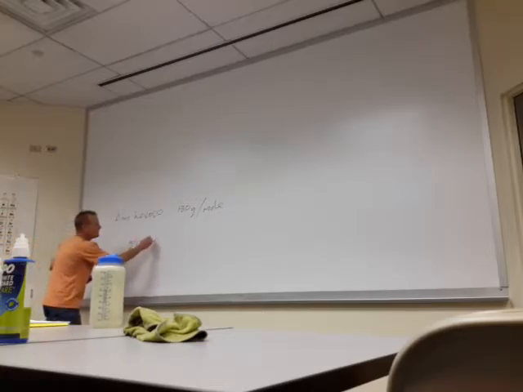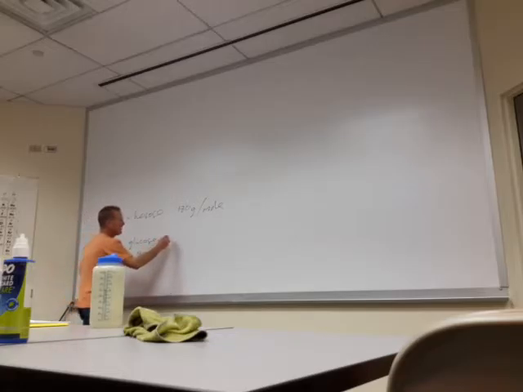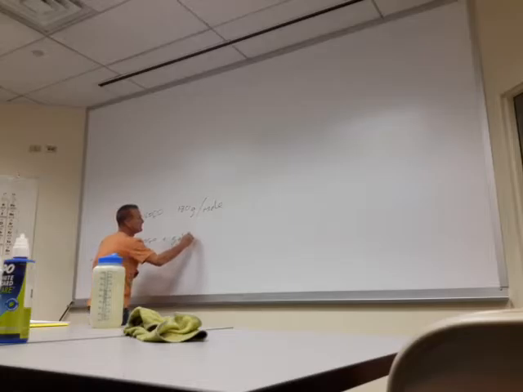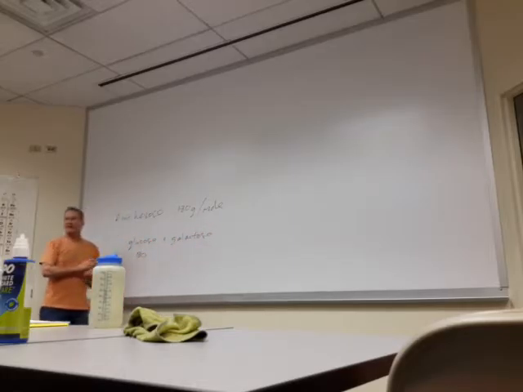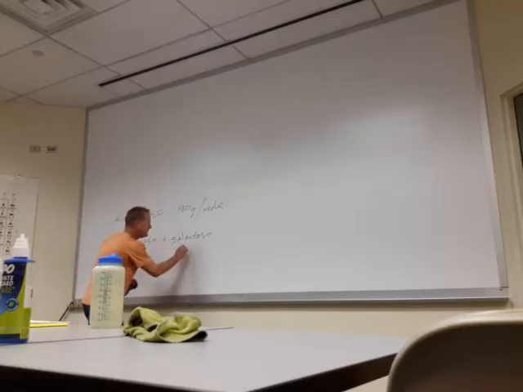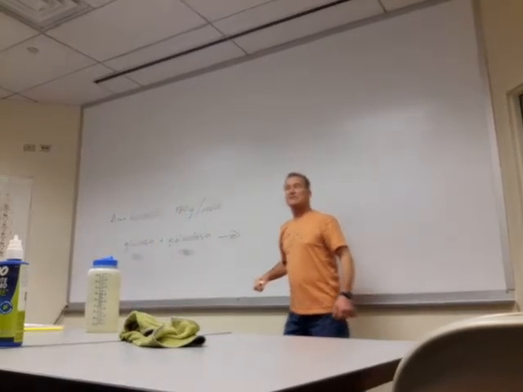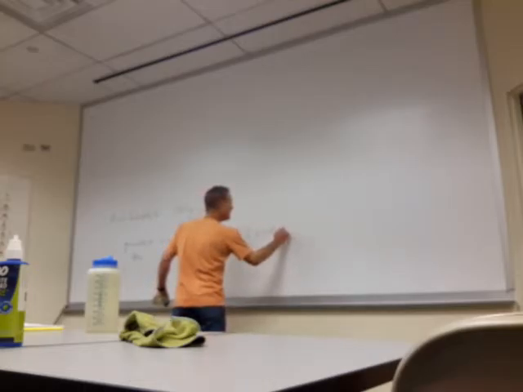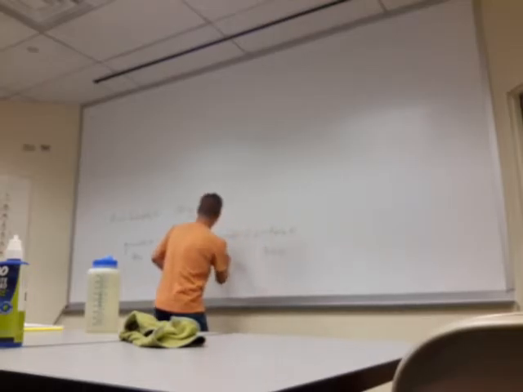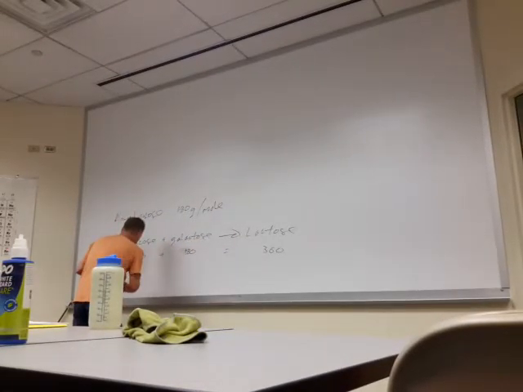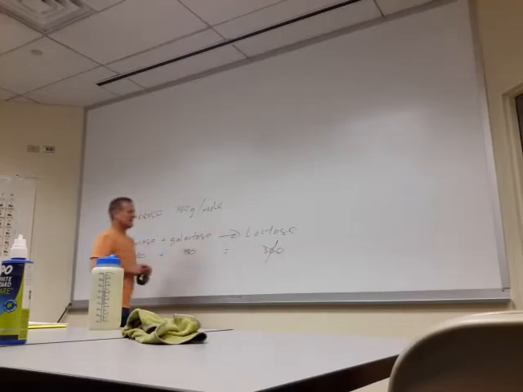Now, is glucose a hexose? Yes. So what if we take glucose, molecular weight 180, plus galactose? What's the molecular weight of galactose? 180. And we combine them to form, what do you get when you combine glucose and galactose? Lactose, milk sugar. Why is it not 360?